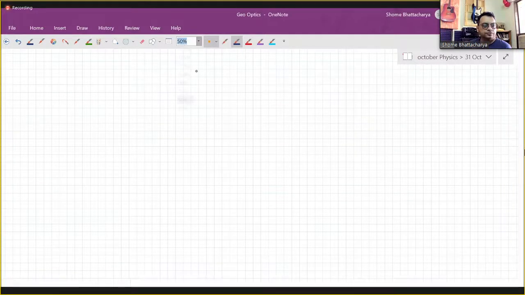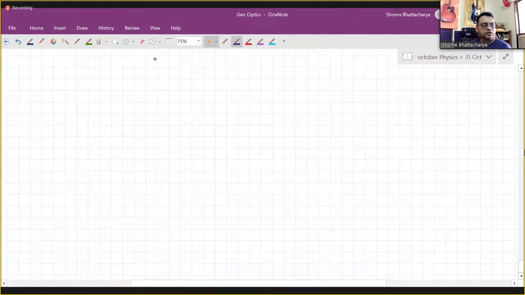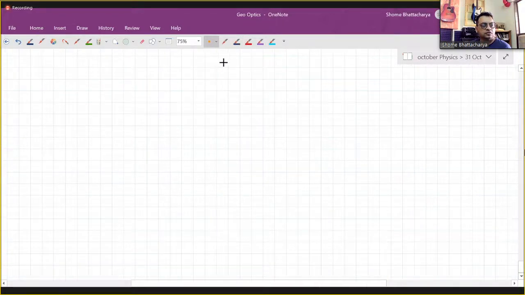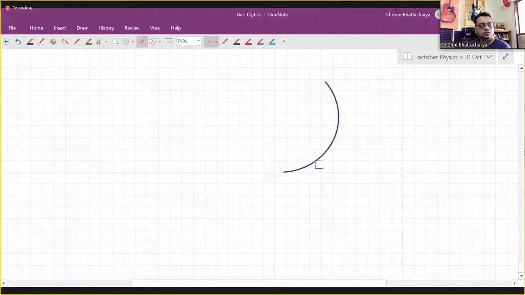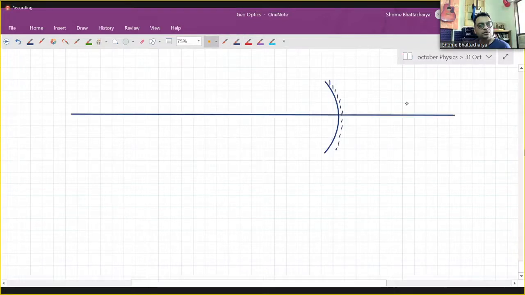Okay, now one way to interpret the above question is that we place the mirror like this, to the left of the pole.